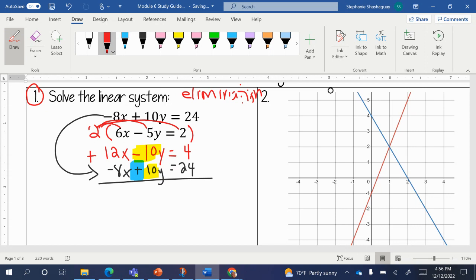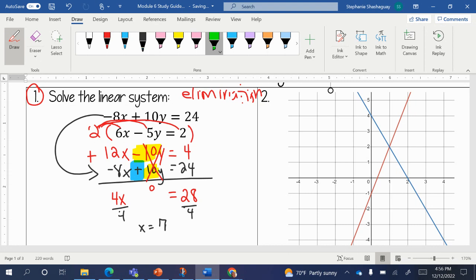So 12x minus 8x is 4x. Negative 10y plus 10y becomes 0, so it's eliminated. And 24 plus 4 is 28. Now I can divide by 4 and divide by 4, and I get x is equal to 7.